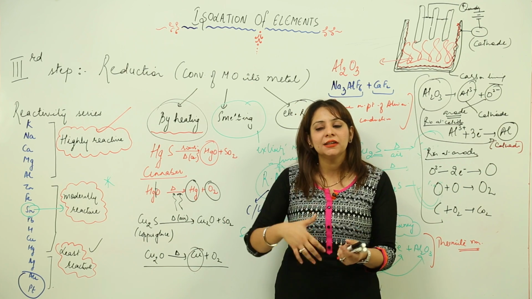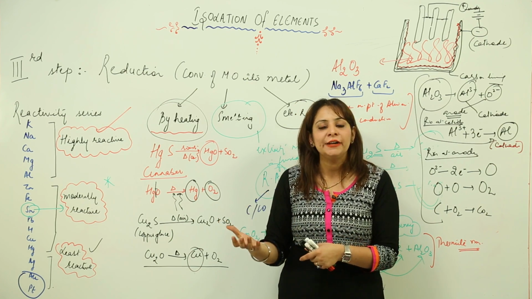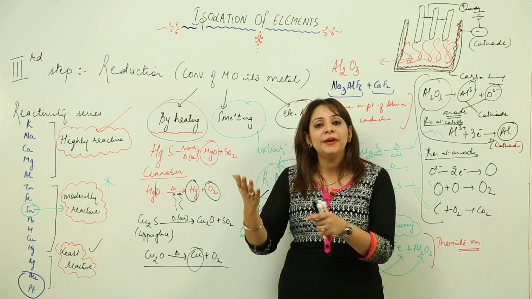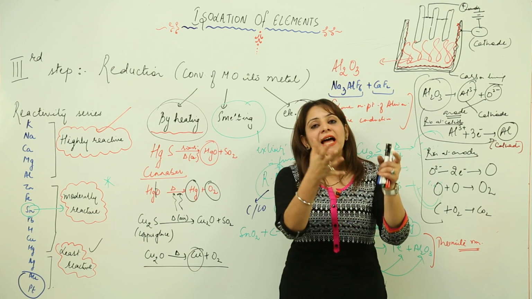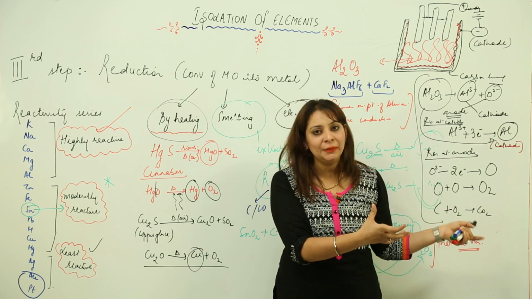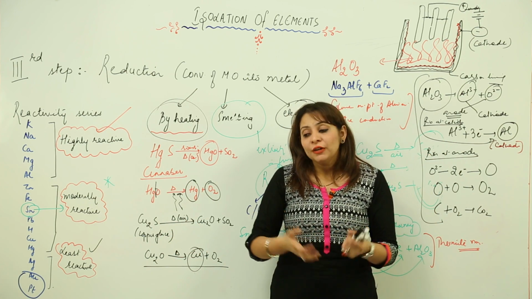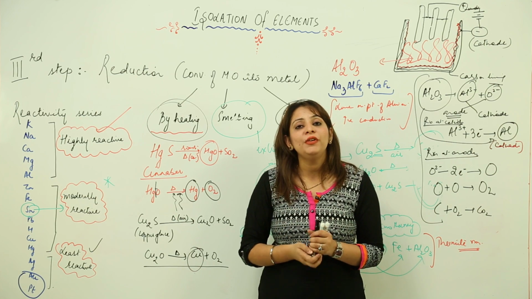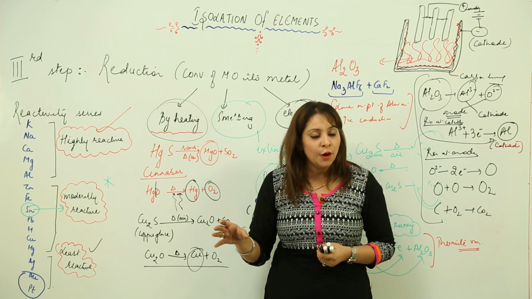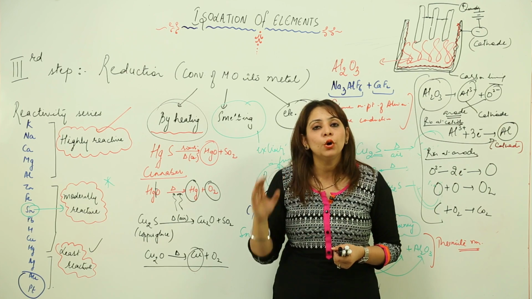I'll go to a shopkeeper and ask for an iron rod, and the shopkeeper will bring it from a factory, and that factory will bring it from the plant where these metallurgical processes have been carried out. So if we need a certain metal article, we need it in a ready-to-use form, or you can say in a pure form, right.